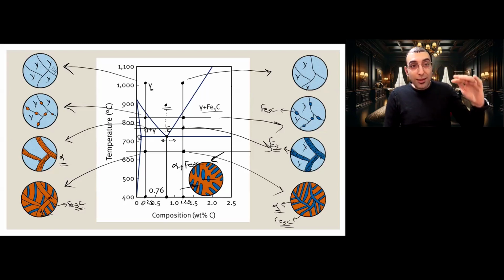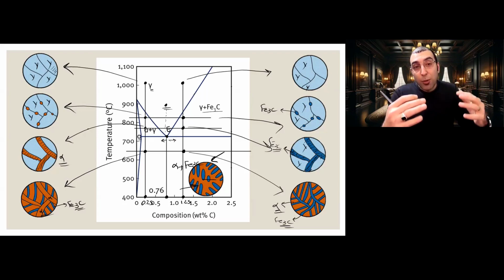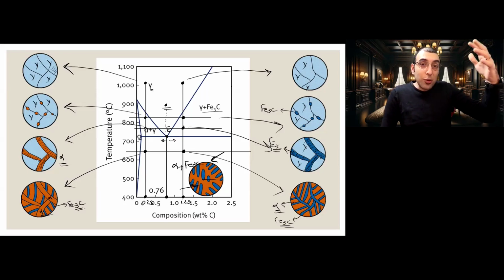If you cool down your material quickly, this phase diagram will collapse. You cannot use it anymore, because you get different phases if your cooling rate is different. Depending on how your cooling rate compares to the extremely slow cooling of these phase diagrams, you might get different kinds of phases.